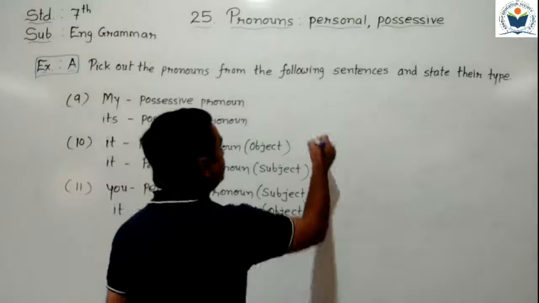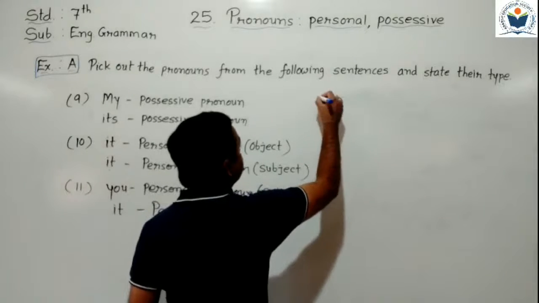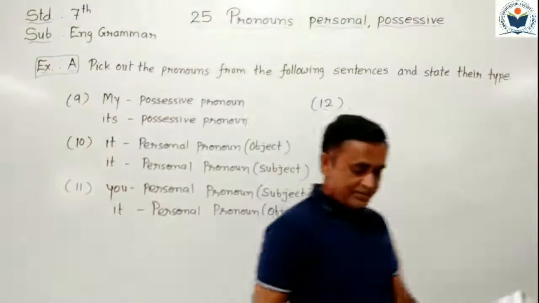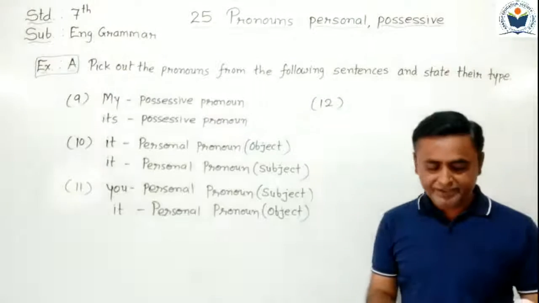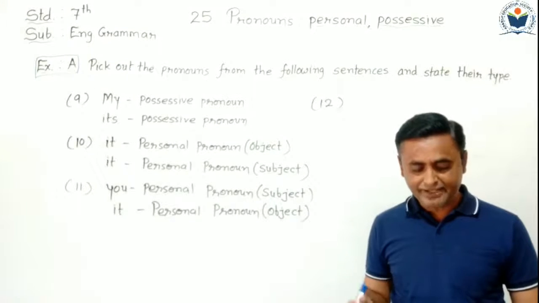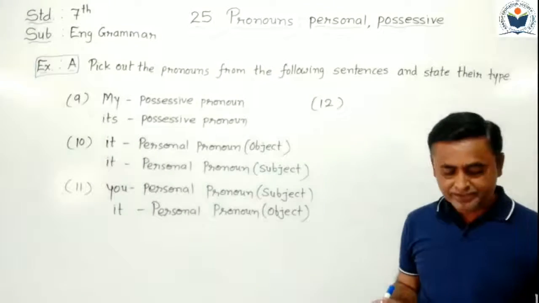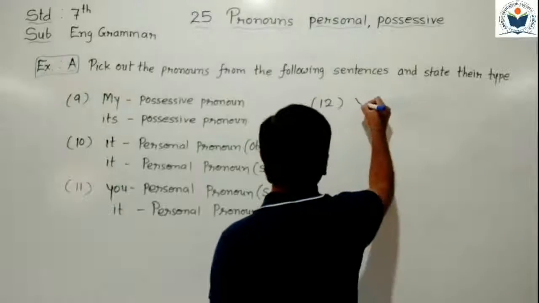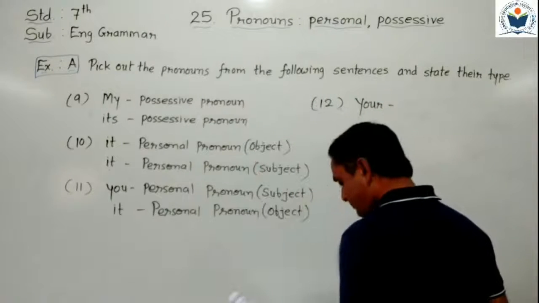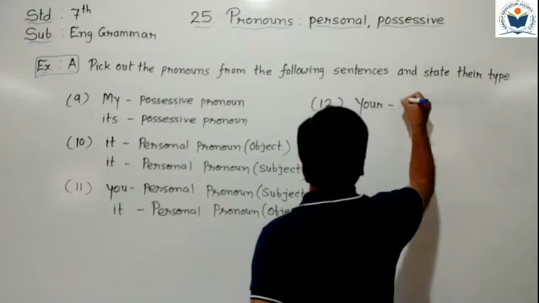Now, sentence number 12, we have to see. Talk to your neighbors and clarify with them about this issue. Here, your word is given. Your is a pronoun here. Which type of pronoun is that?